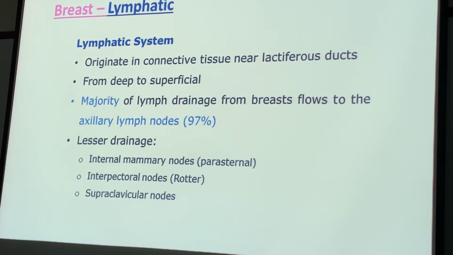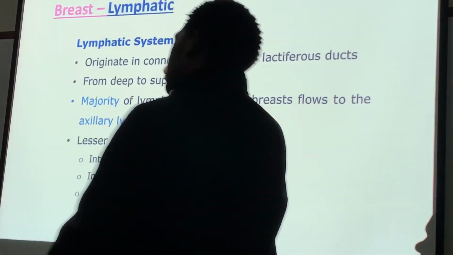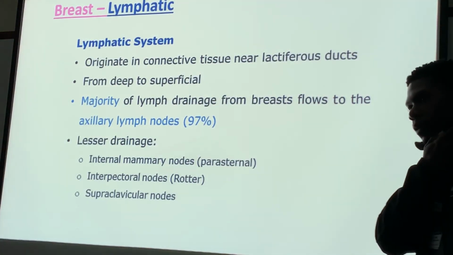Approximately 97% of that lymph flows to the axillary lymph nodes. Lesser drainage also occurs in other areas, including the internal mammary nodes, also known as the parasternal nodes, the interpectoral nodes, known as Rotter nodes, and the supraclavicular nodes.